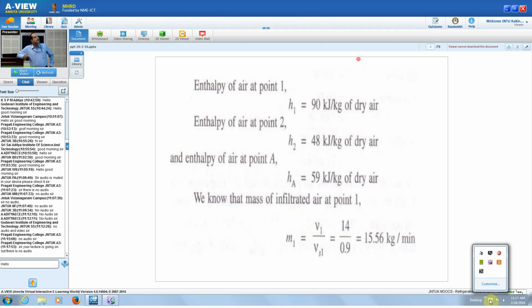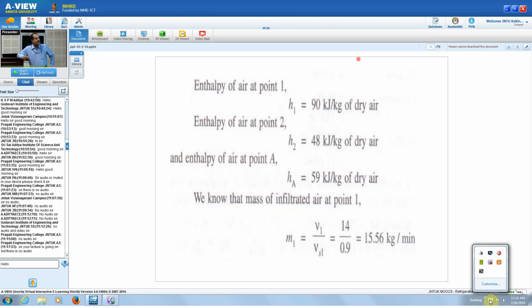So these are the points we have taken. Otherwise you can check also. Enthalpy at point 1 is 90 kilojoules per kg of dry air. Enthalpy at point 2 is 48 kilojoules per kg of dry air. And enthalpy at point A is 59 kilojoules per kg of dry air. Therefore, based on this, we can calculate the mass at point 1. The formula is V1 divided by the specific volume at point 1, where V1 is given in the problem. Right?